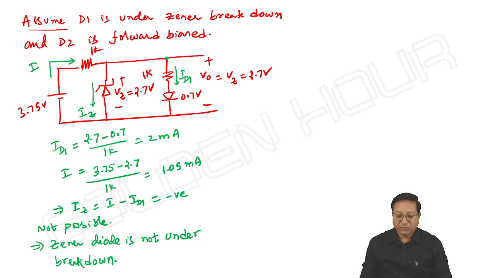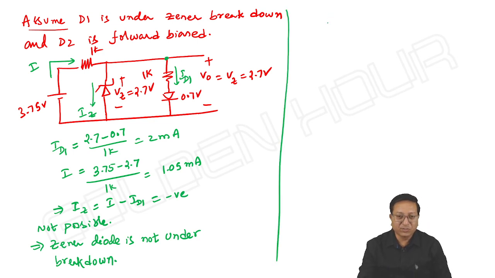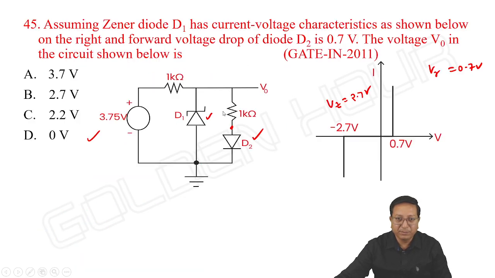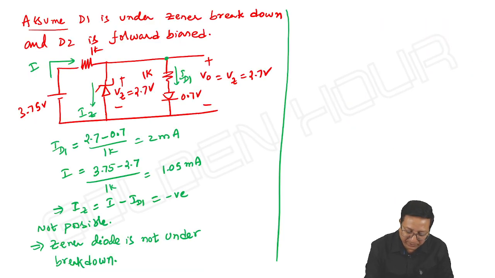If so, what is the equivalent circuit then? ID1, ID2 are the currents through the diodes D1 and D2. Sorry, let me take this as ID2.